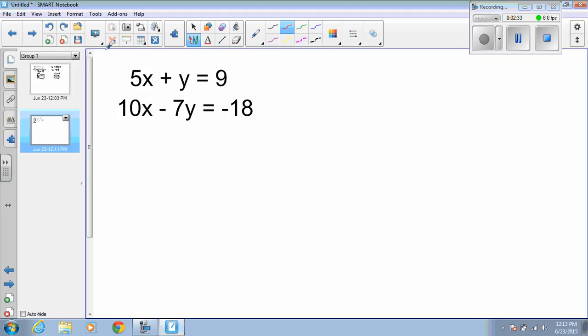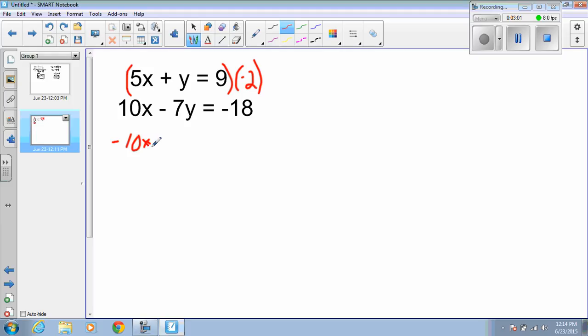Well, I can multiply one of these equations by a number in order to get something that will eliminate. So if I multiply this top equation by negative 2, so negative 2 is going to multiply by 5x, that gives us a negative 10x.